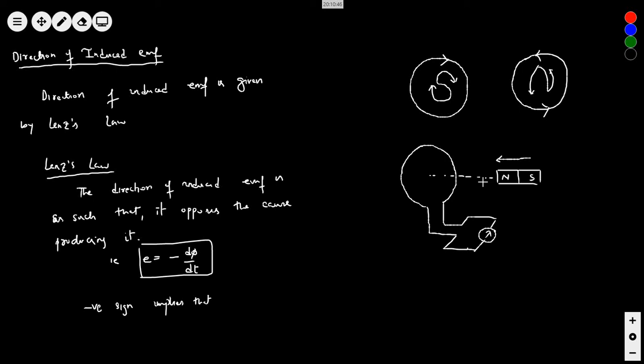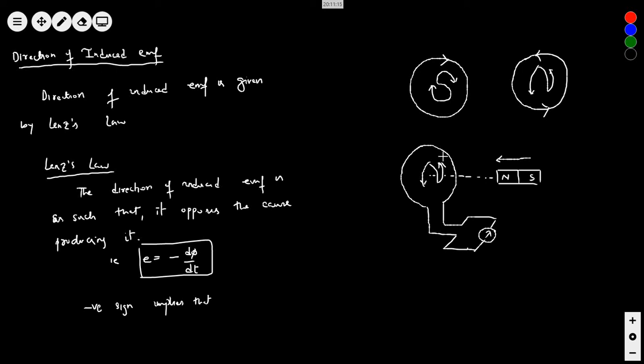Lenz's law says the direction of induced EMF is such that it opposes the cause producing it. So which face is coming this side? The north pole is coming toward it. What is the cause? The motion of the bar magnet is the cause. To prevent the motion of the bar magnet, the face which the bar magnet is facing should be the north pole.